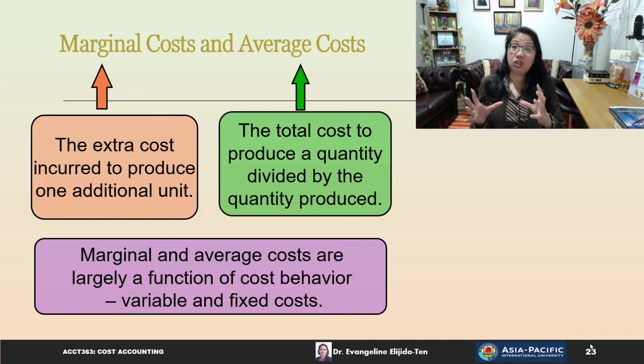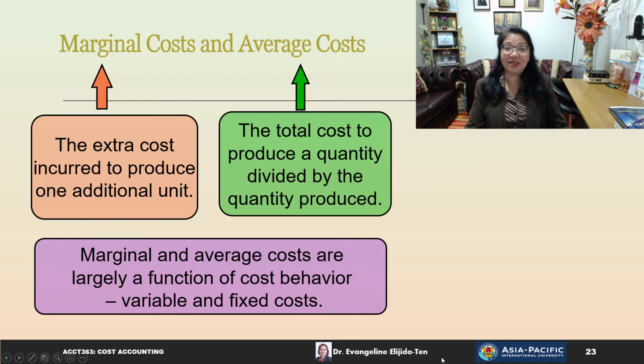But your average cost will include both the variable and the fixed costs. Now, we will be talking more about this concept of marginal cost and average cost, sunk cost versus differential cost, as well as the application of opportunity cost as we move on to future topics.